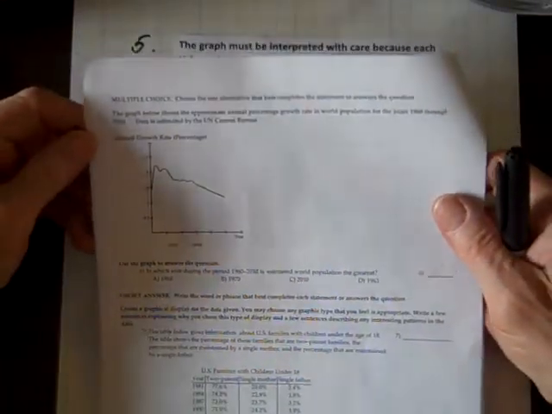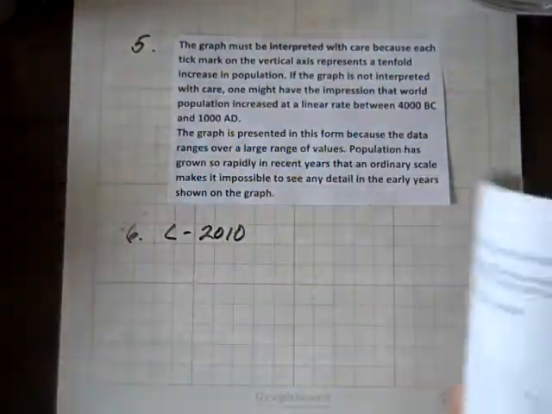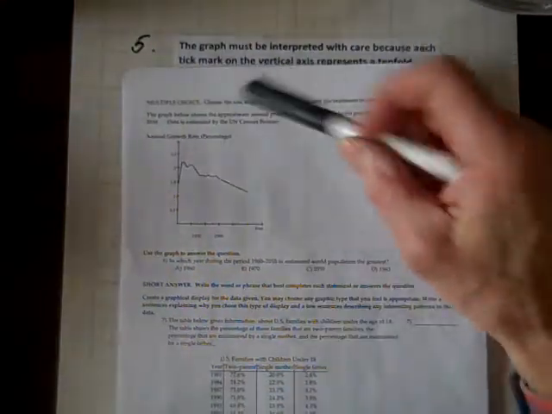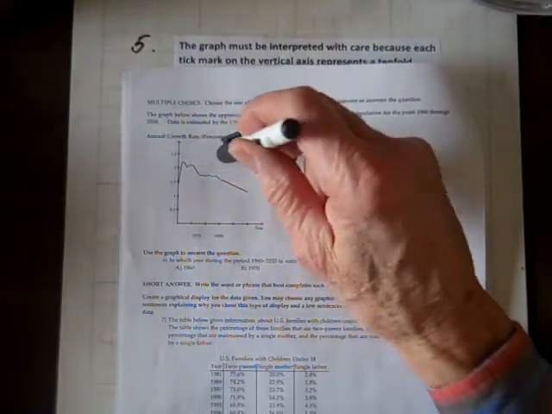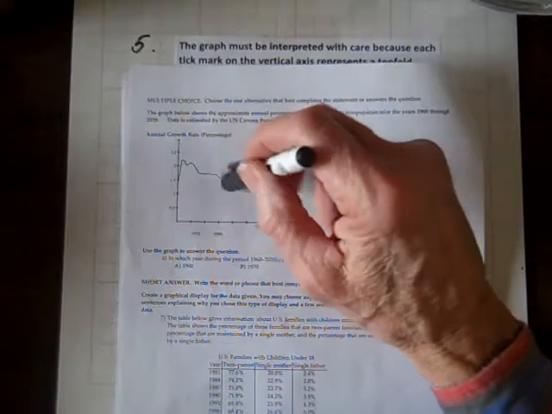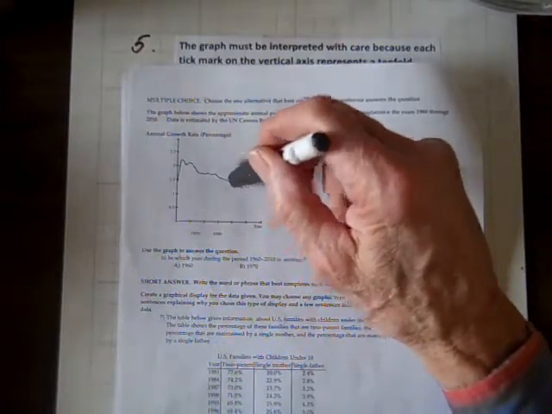Now let's go on to 5. What did we just do? I beg your pardon, we're doing 6, yes. Anyhow, by the way, this is the annual growth rate. This is a graph not of growth, but of growth rate.